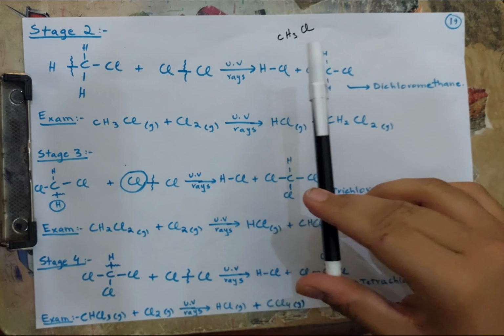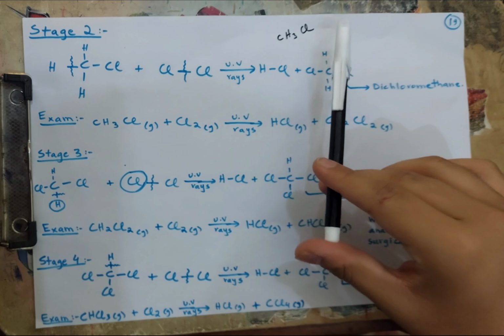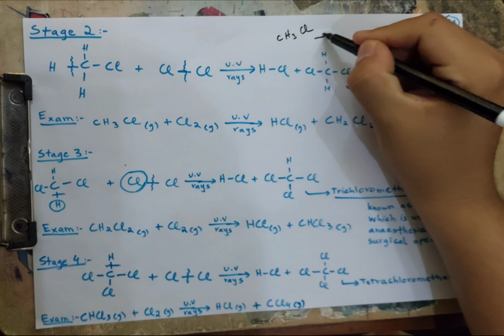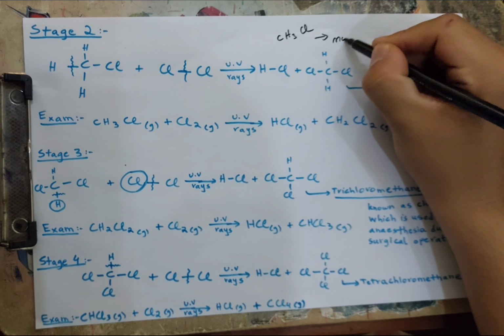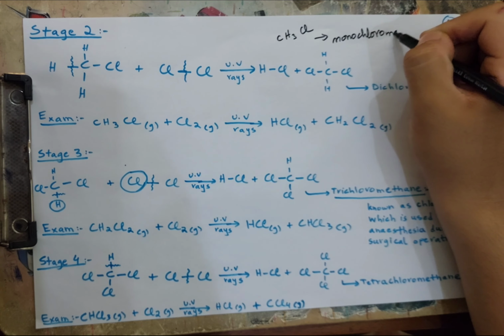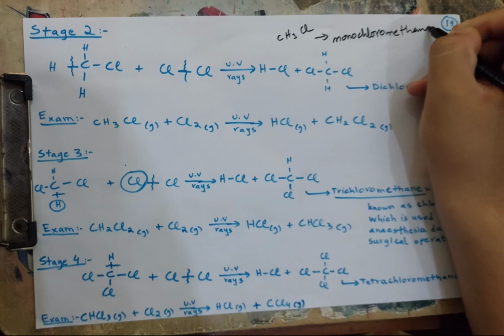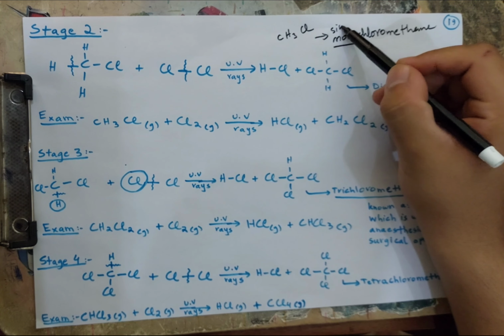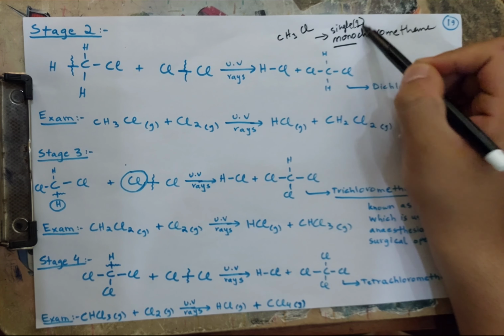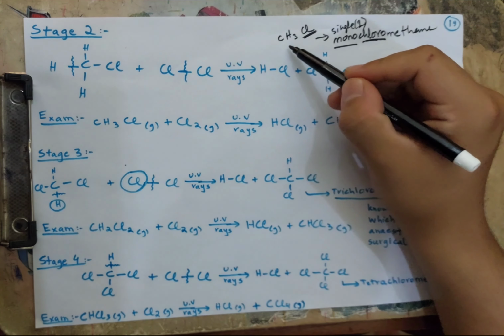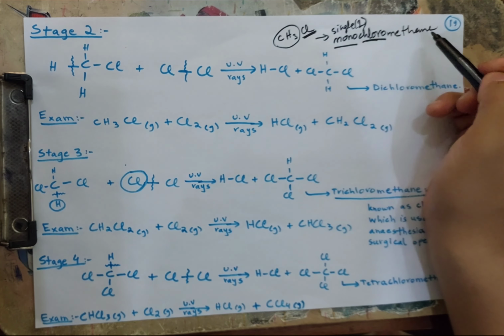This CH3Cl formed in stage 1, we call it chloromethane. This is its name. How? Mono means single, one chloro attached with methane, so monochloromethane.